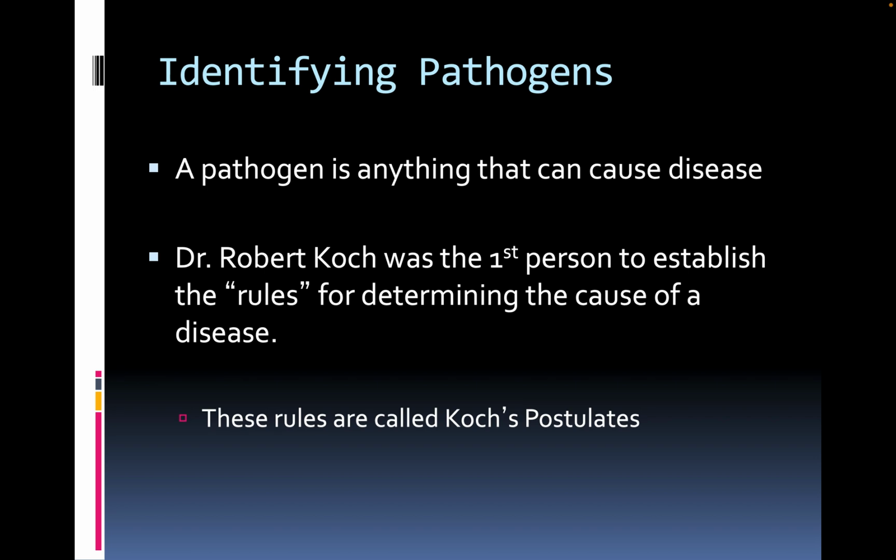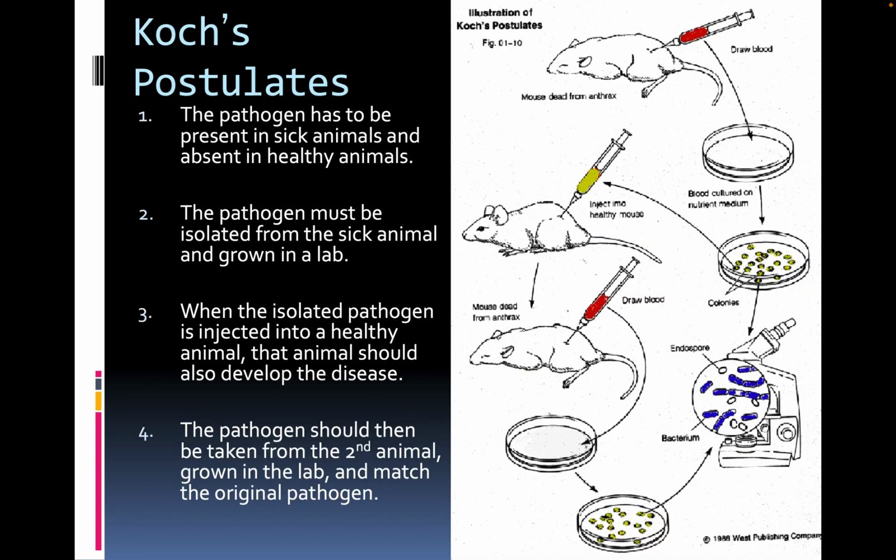It's nothing anyone has ever seen before, or maybe the symptoms are a little bit different, and you have billions of microorganisms inside of you. So it was very difficult to figure out what microorganism was causing a specific disease until Robert Koch came up with his postulates.